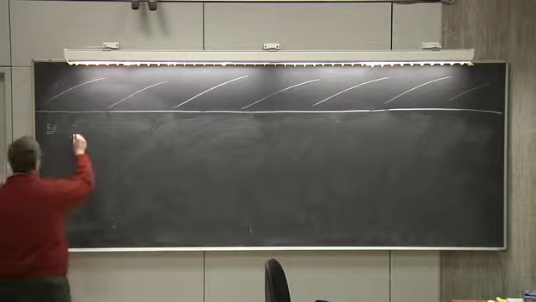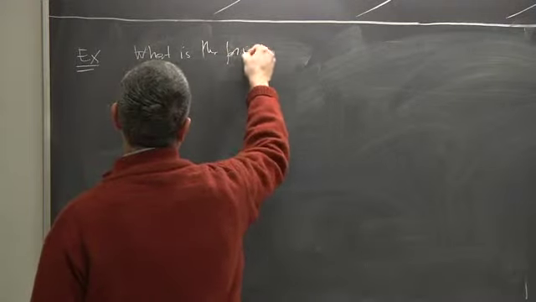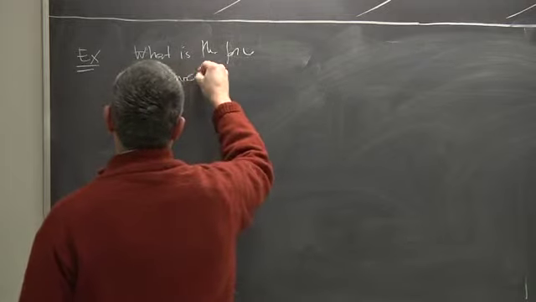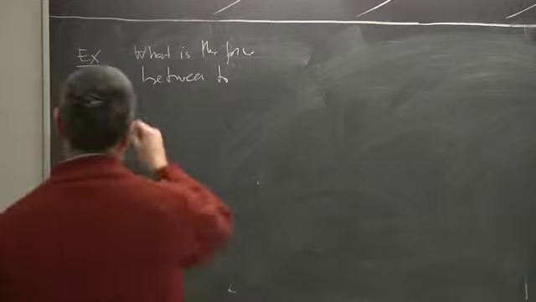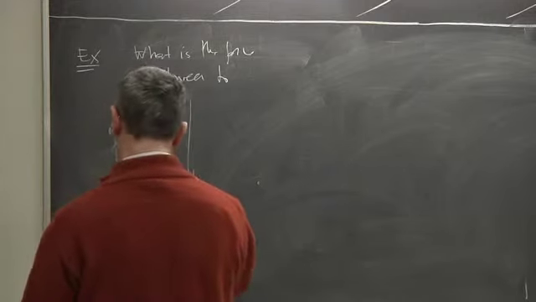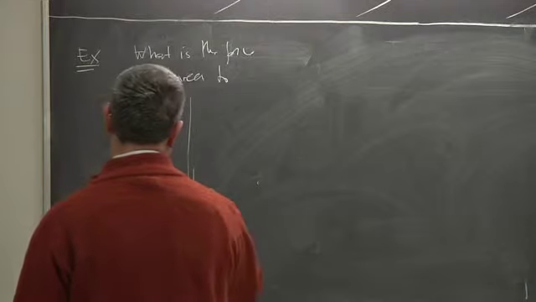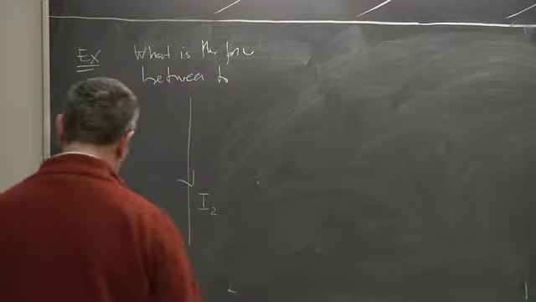What is the force between two infinitely long wires? Let's say one current goes up and one goes down. The current here is I1, the current there is I2.